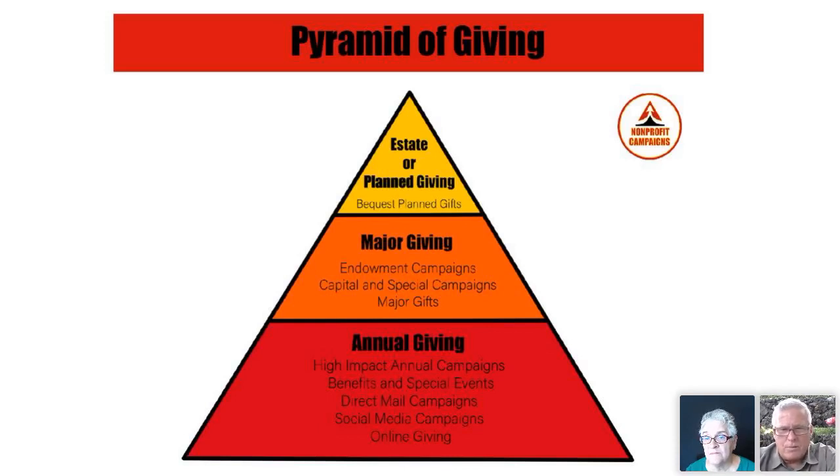And of course, one of the things we teach is how to prepare your organization to be ready for those kinds of campaigns. And then, lastly, at the end of the day, it's estate plan gifts. We're all going to die. Right now, planned giving is the fastest growing segment of gifts from individuals, bar none.